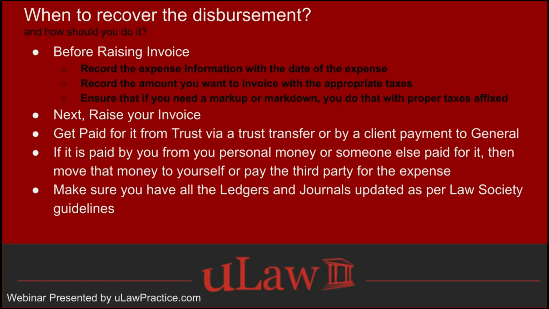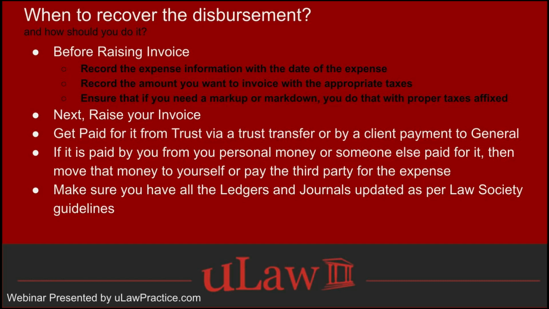Now, let's say you have money lying in trust, you can raise the disbursement at any time, at any juncture. And recording the expense, if you are covering this particular disbursement from the trust account, you will have to raise an invoice, record the expenses with the respective date, amount, and reason, and then you move the money from trust to the general after raising the invoice.